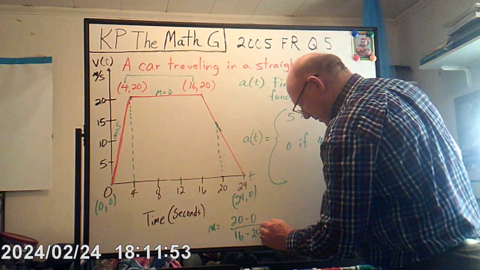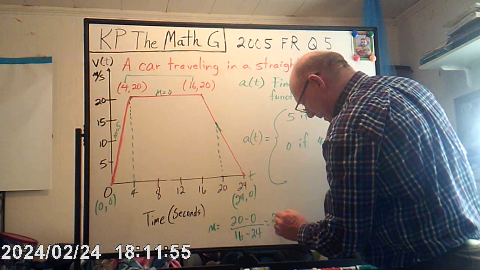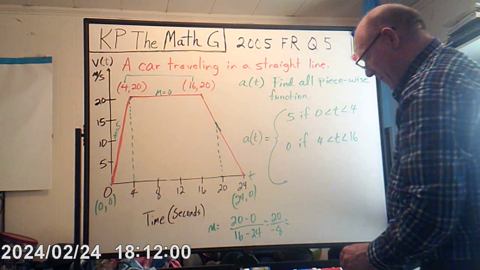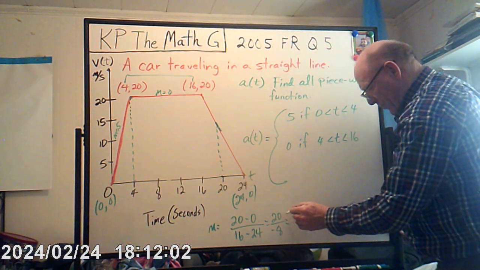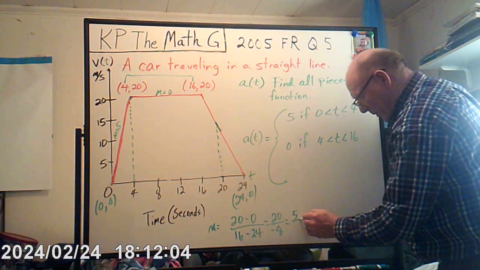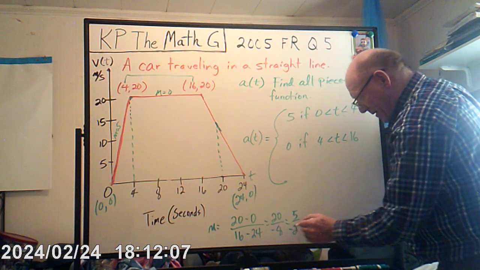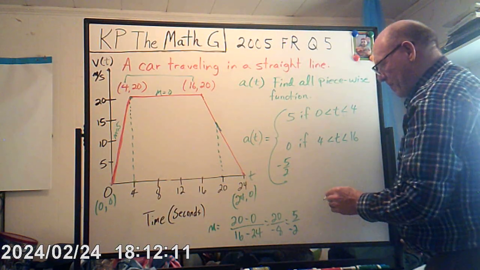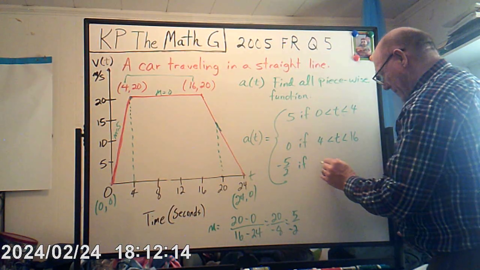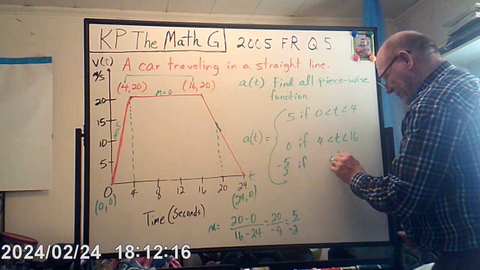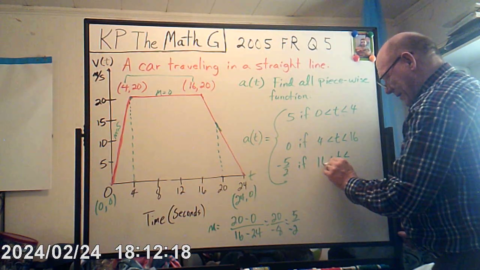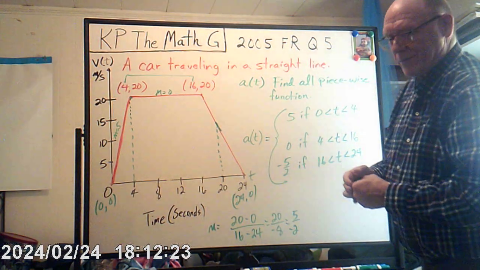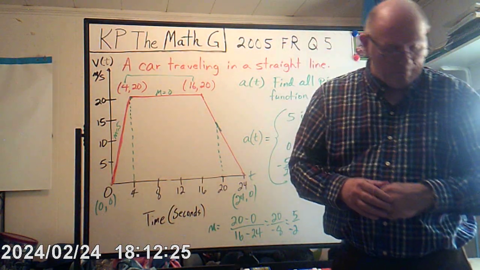That's 20 over negative 8, and that can be reduced. 4 goes into 20 five times, 4 goes into 8 two times, so negative 5/2, if T is between 16 and 24. Very nice, isn't it?